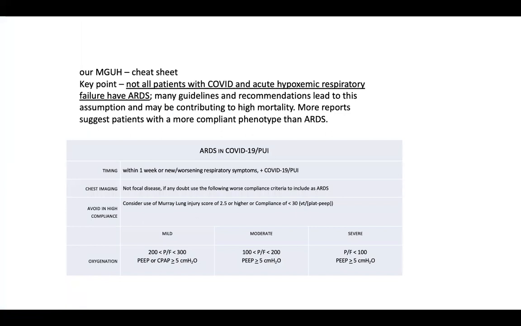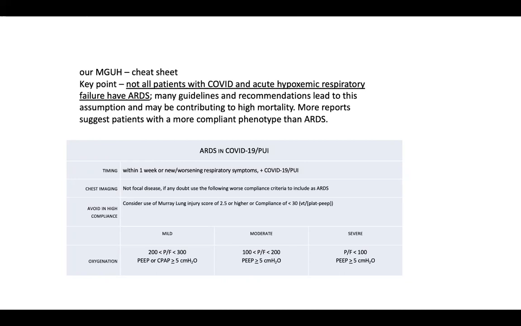Again, the emphasis is that all patients with COVID and acute hypoxemic respiratory failure do not have ARDS. To guide this, again, we're using compliances, again, 30, 35. I think the final cheat sheet will probably say 35. You can calculate some things such as the Murray lung injury score.